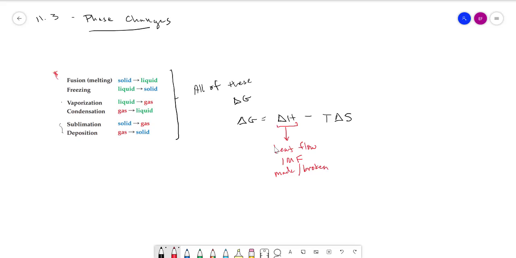And then the delta S component here, the change in entropy, is really no different. Before we talked about it as the change in molecular randomness, and that's true here too, right? We already have an intuition for this, because when you have something in a solid form, it's locked up in this physical state where you've got all the molecules completely immobilized in the crystalline lattice. That's a low entropy system.